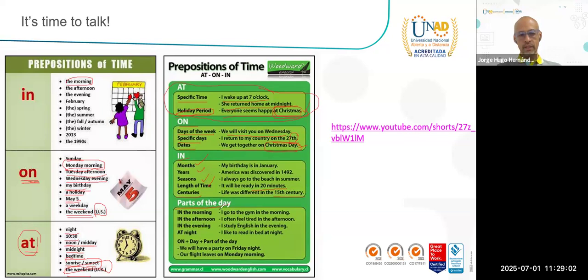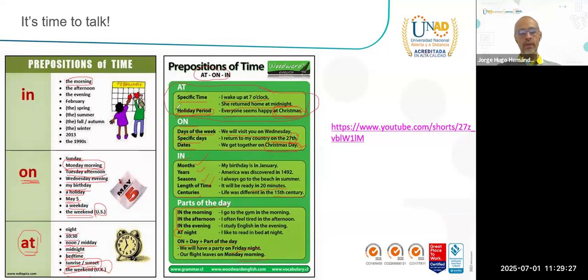Parts of the day, the difference, no? In the morning, in the afternoon, at night. On the part of the day, on Friday night, and Friday morning. Okay, so we can study when we use each one of these prepositions, but we have to practice it.